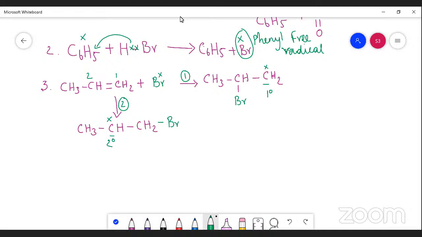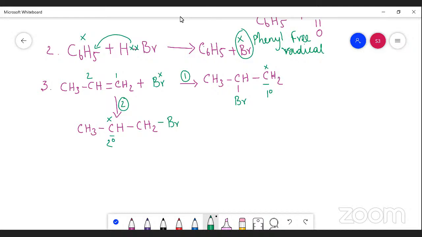So what is primary? A carbon attached with only one alkyl group. Depending upon the alkyl groups, it is easily identified. If a carbon is attached with one carbon, then it is primary. If attached with two carbons, then it is secondary. If the carbon is attached with three other carbons, then it is tertiary.